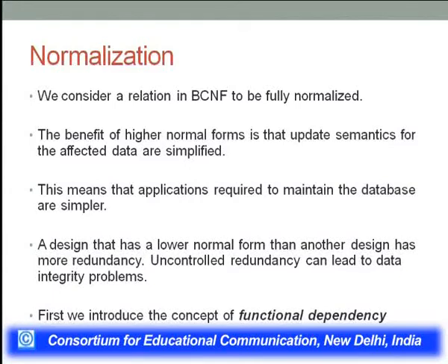So, before we actually begin normalization, we need to talk about a very important topic related to the process of normalization, which is functional dependency. Now, in the previous lectures, we had discussed the different types of keys that are present in the relations.